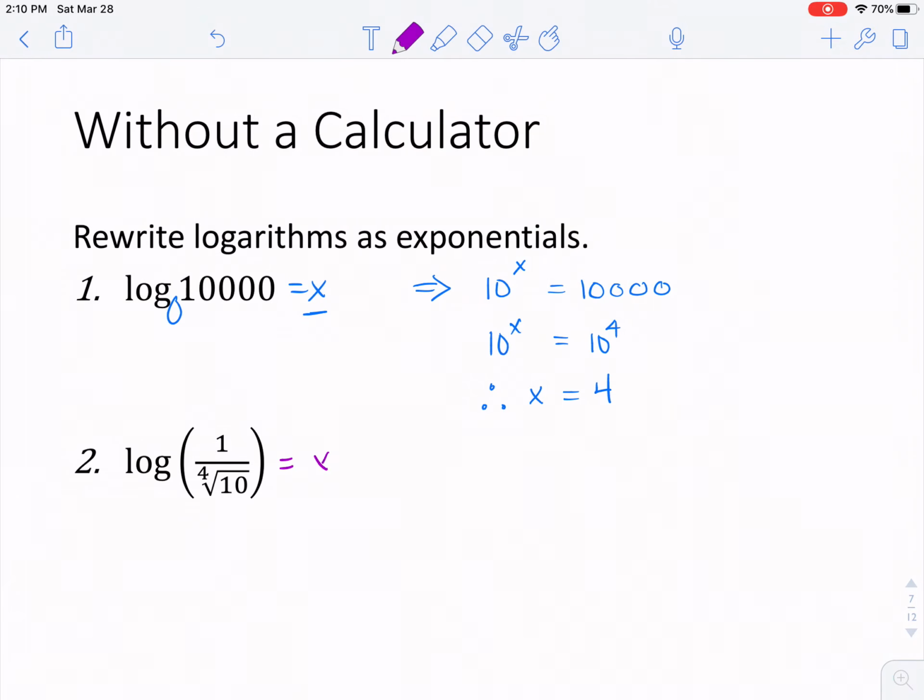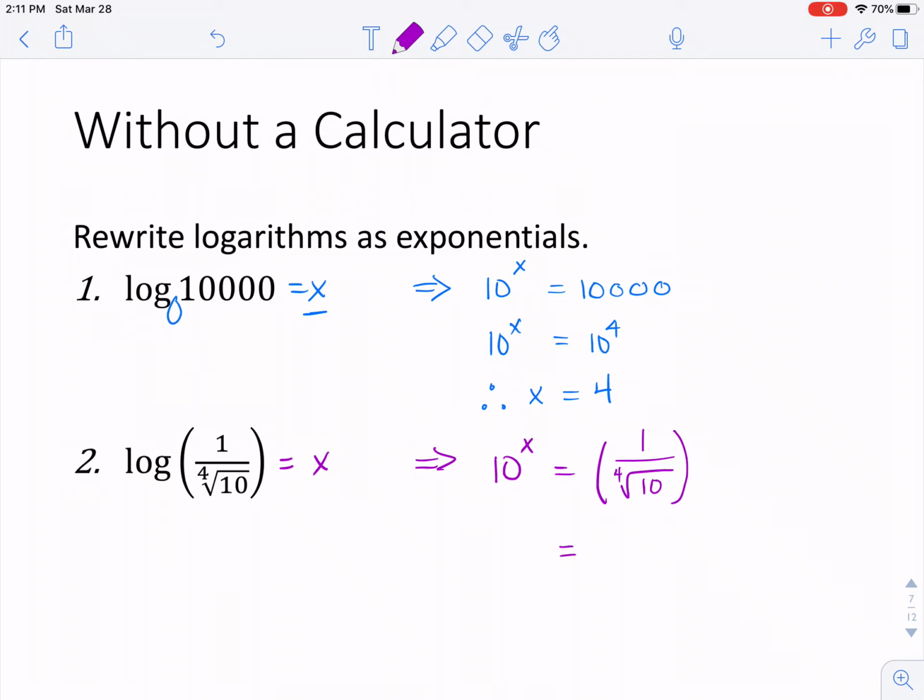I'm going to set it equal to some value of x, because that means 10 to the value of x is equal to 1 divided by the 4th root of 10. So now I want to rewrite it in exponents because I don't like that radical.